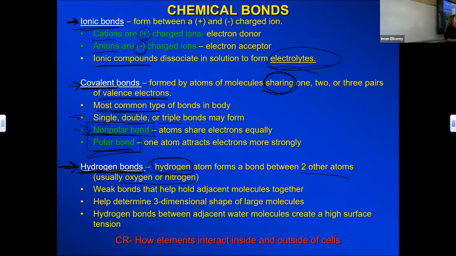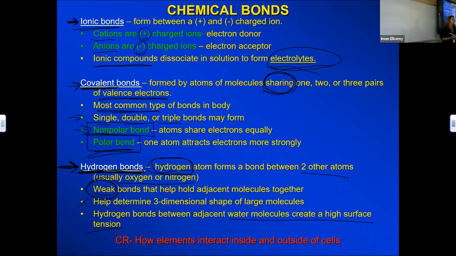You're going to see hydrogen with nitrogen and oxygen all the time. Now, these are weak bonds. You should know that. They help determine the relationship of large molecules. Hydrogen bonds between adjacent water molecules create a high surface tension. We're going to see that in the picture.